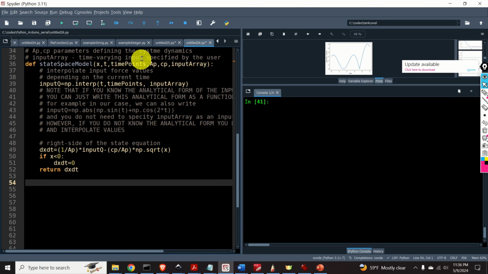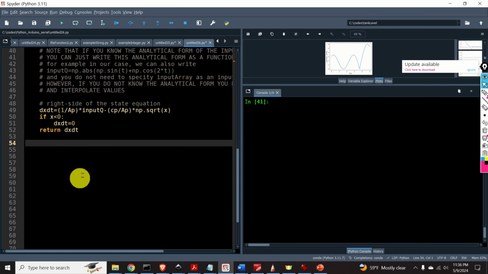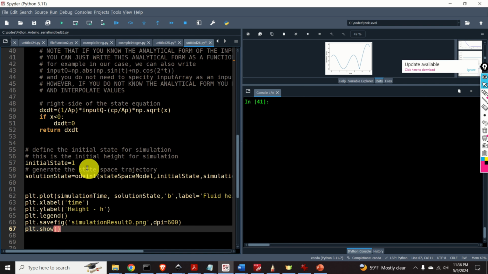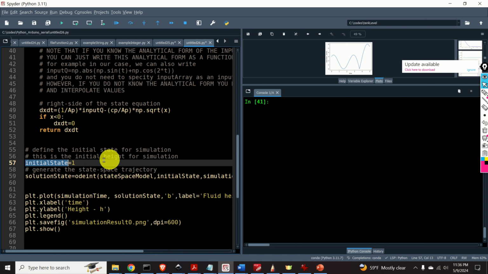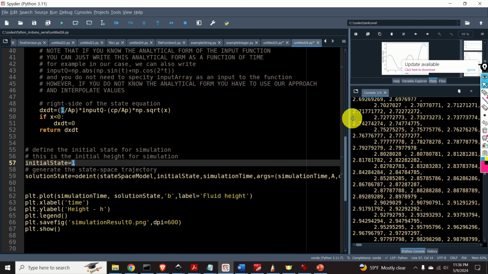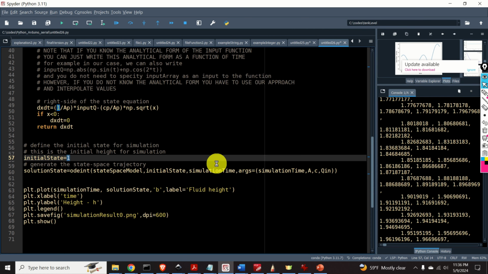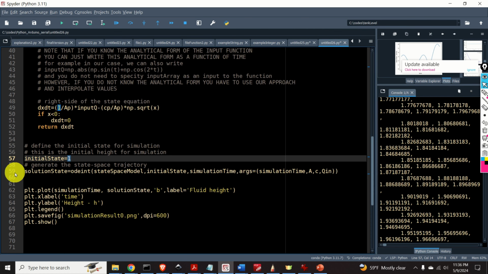After defining the function that returns the right-hand side of our differential equation, we are ready to define the initial state. The initial state is 1, and the initial state is the initial level h of water in our tank. And over here, in this code line, we actually solve the differential equation.